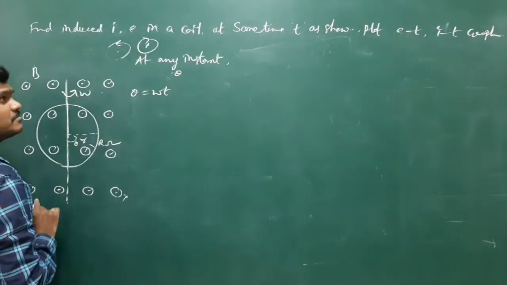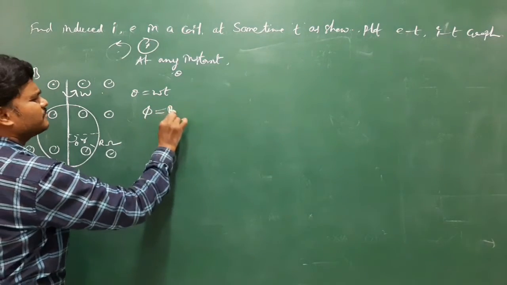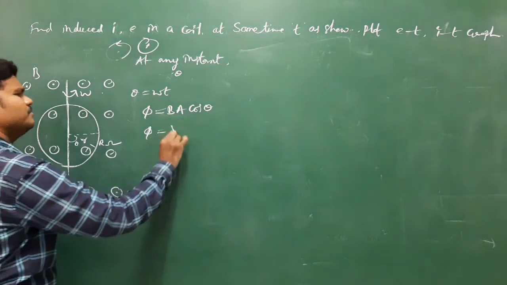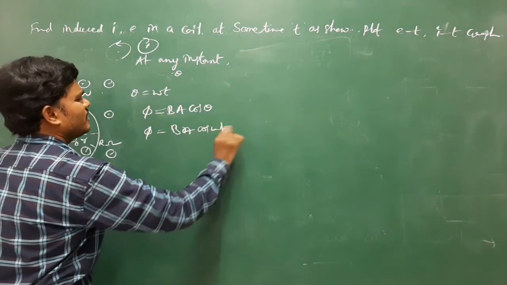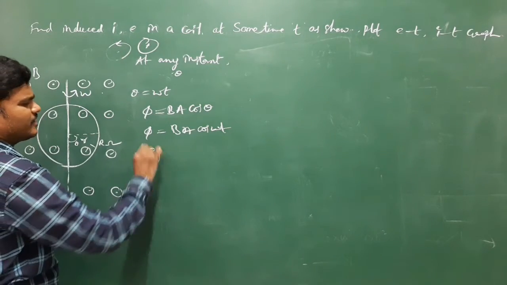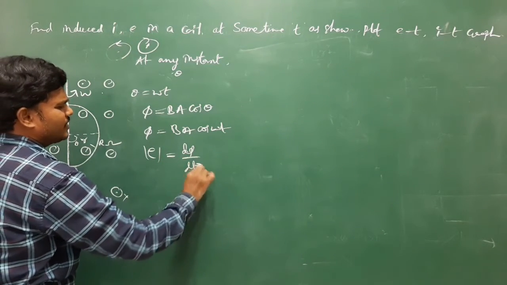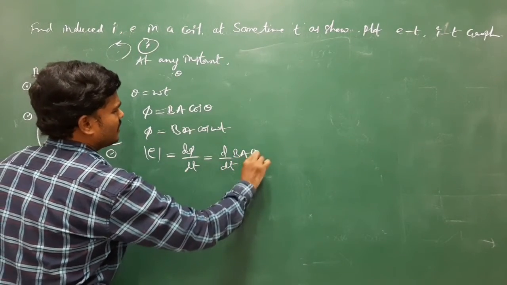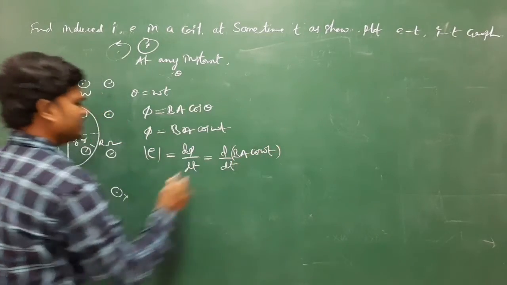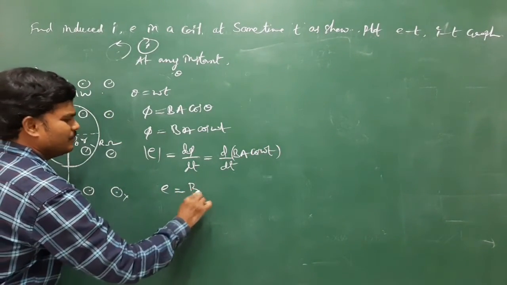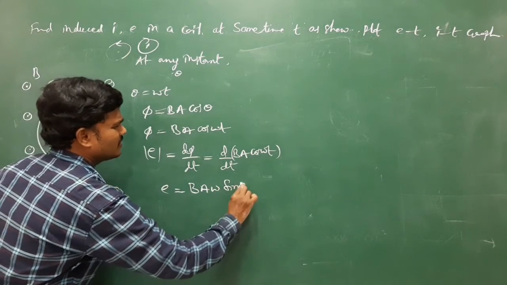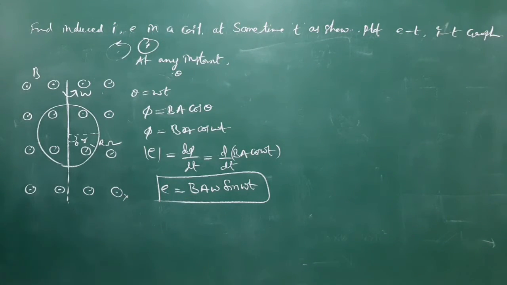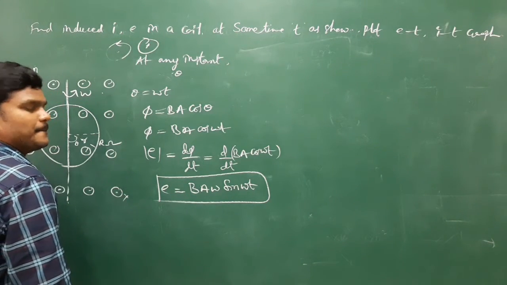So, after some time, the flux we can write as BA cos theta, and the flux is BA cos omega t. And EMF we can write as d phi by dt, so d by dt of BA cos omega t. Then apply the derivative, so you will get BA omega sin omega t.